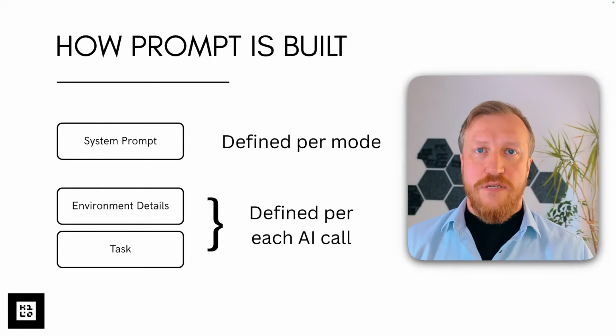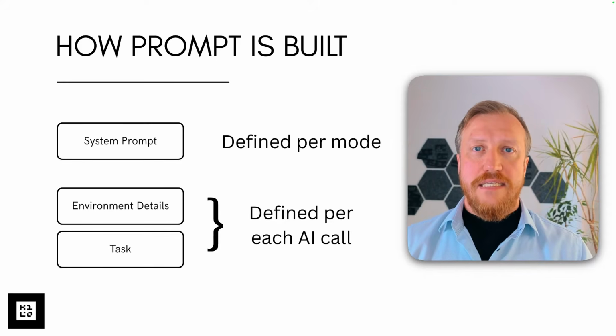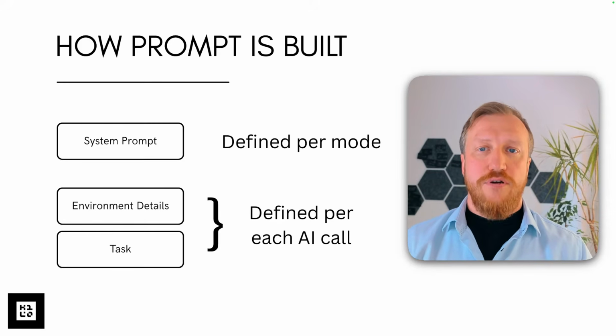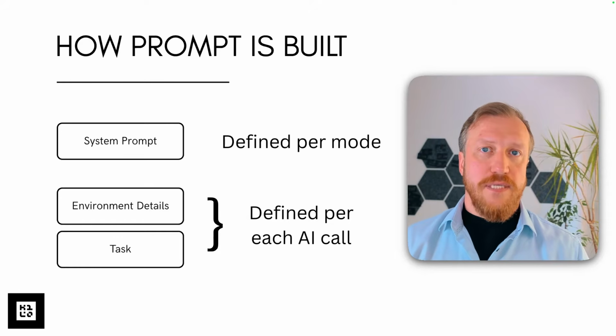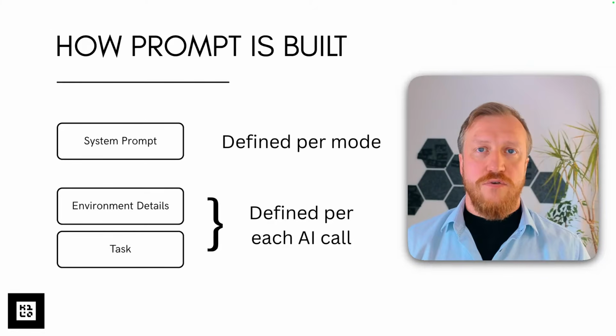Important to understand that environment details and task will be defined per each AI call. So every time an API call to a model is executed, there might be something different. You might have different files because something was created or deleted.